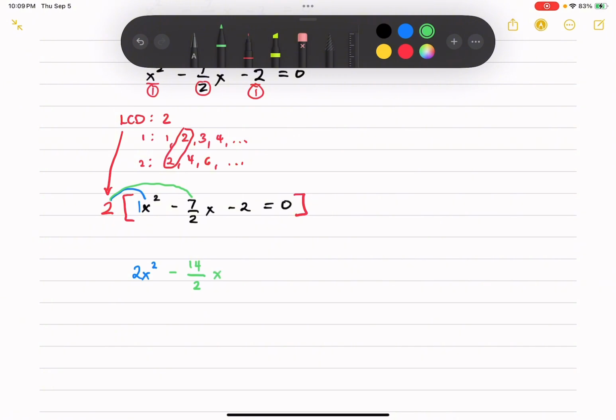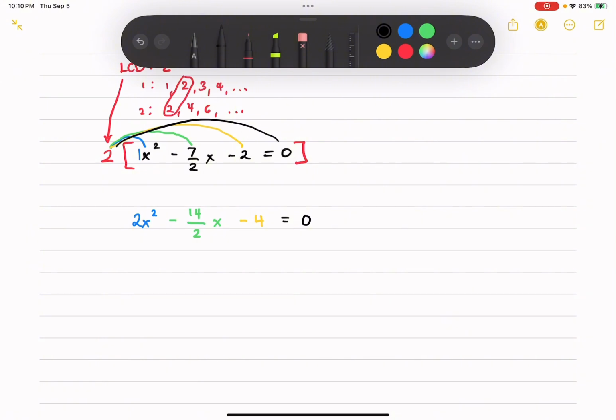Next, 2 times negative 2, that will give us negative 4. Equals, syempre, kung i-multiply ko to, 2 times 0, 0 pa rin. Okay? So, bakit may fraction pa rin? So, ang gagawin lang natin dyan is simplify this fraction. Yan. So, rewrite lang natin yung 2x squared.